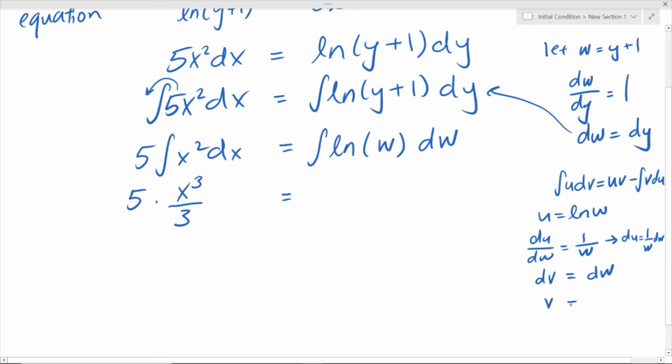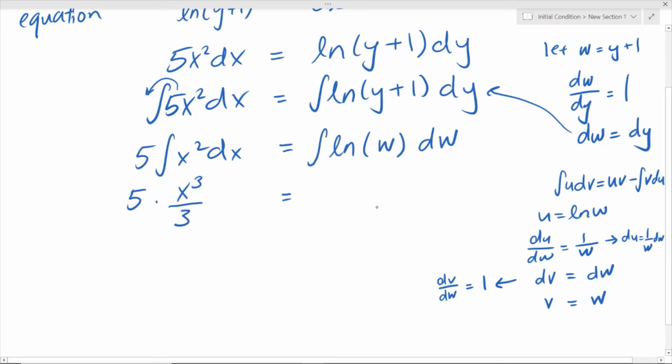We can see here dv is equal to dw, so dv over dw is going to be equal to 1, like that. So we want to integrate this, and to integrate that we just have to take the variable, so v is just going to be w like that, because if we find a derivative of w, we're just going to get 1. That's why this will be w.